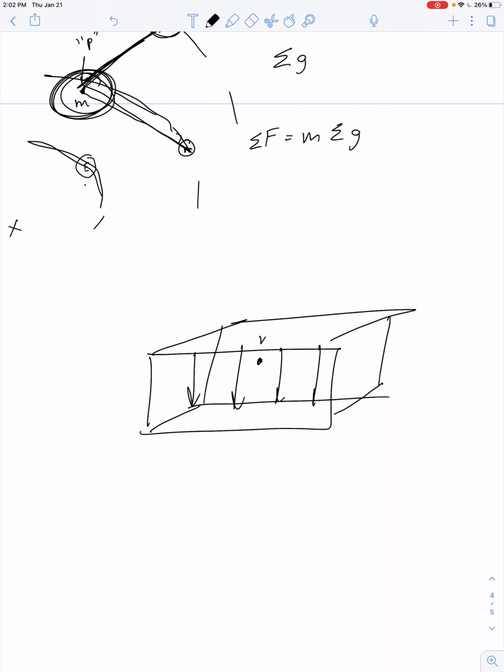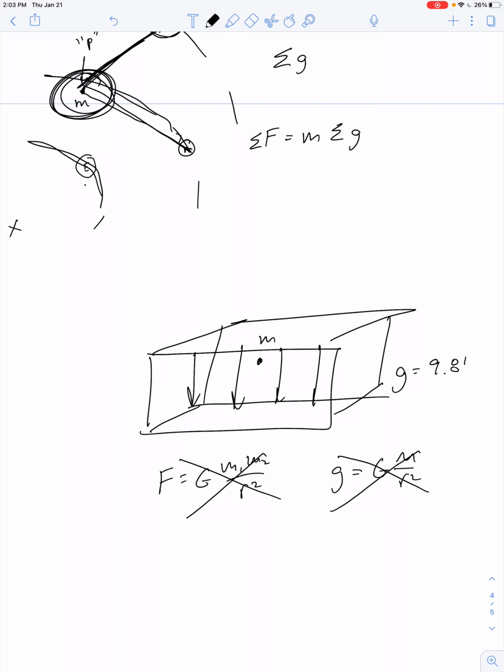If we take a mass of m, there's no need to invoke the equation F equals G m1 m2 over r squared, or that gravitational field is G times m over r squared. No point in that. g is just a single constant numerical value, 9.8 newtons per kilogram. So the only equation we need is F equals mg.